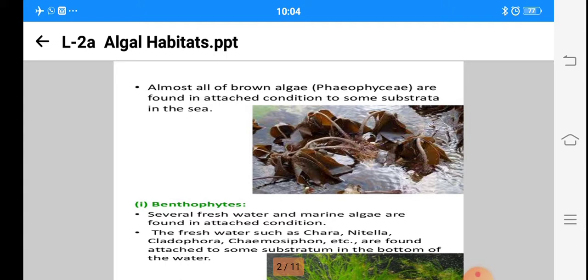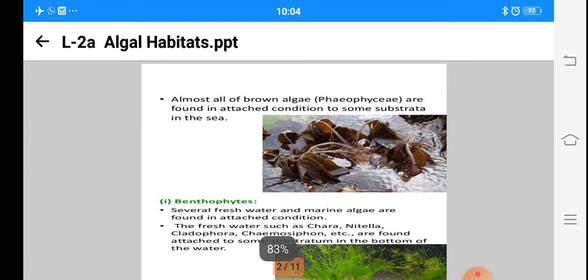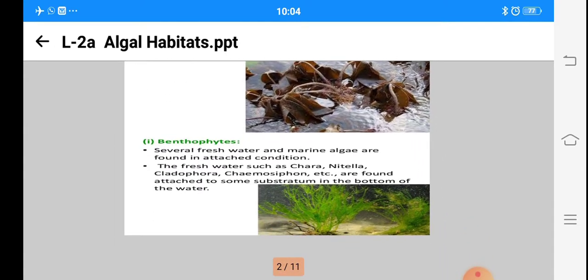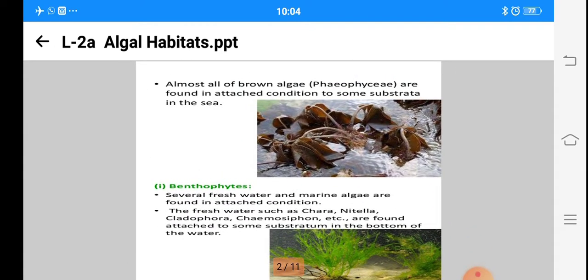Benthos means rock, right? Some green algae members are Chara, Nitella, Cladophora, Vaucheria. So you should remember all these proper names of examples, right? Here you are observing good examples of this, some photographs and the nature.